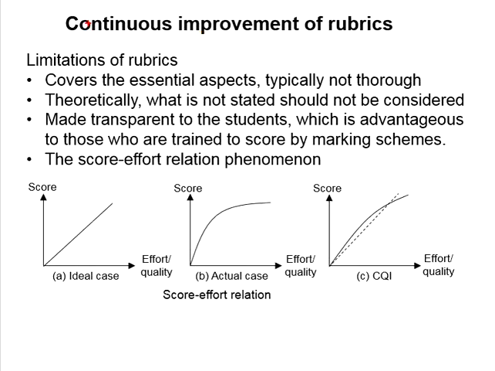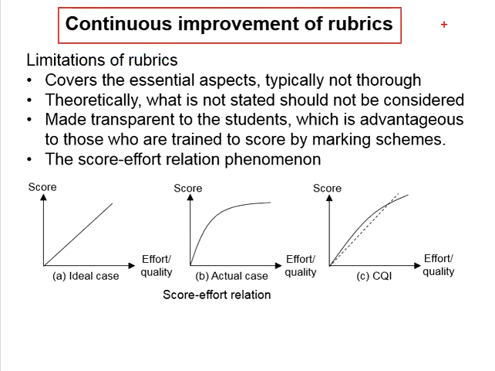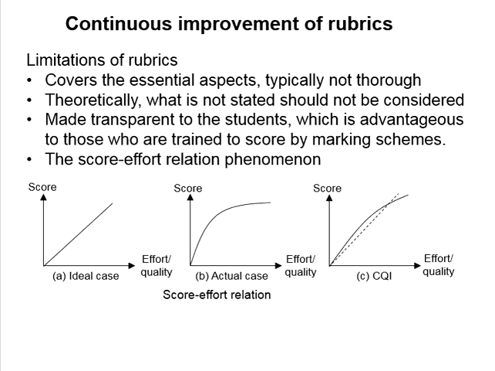That's why we will need to continuously improve the rubrics, regularly reviewing and revising the rubrics as necessary. Knowing the actual scenario is something like this, your ultimate goal is something like this, and you know that in reality, it is nearly impossible to convert it to become a linear proportional relationship.